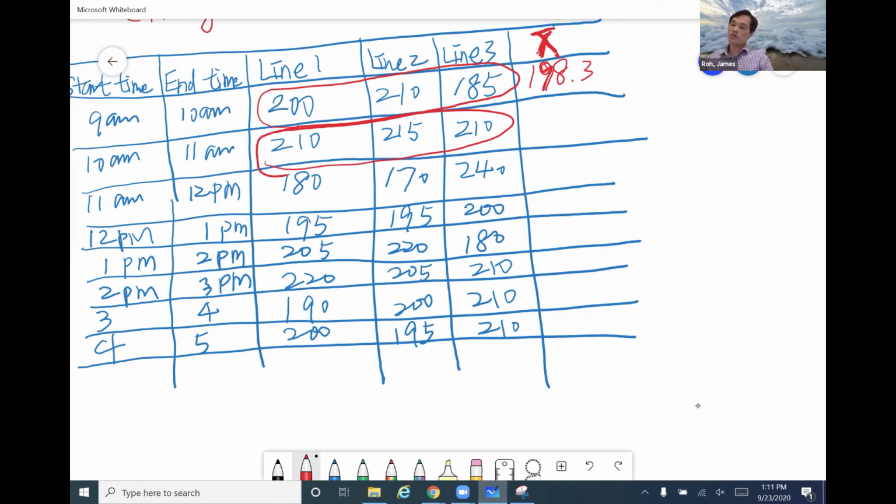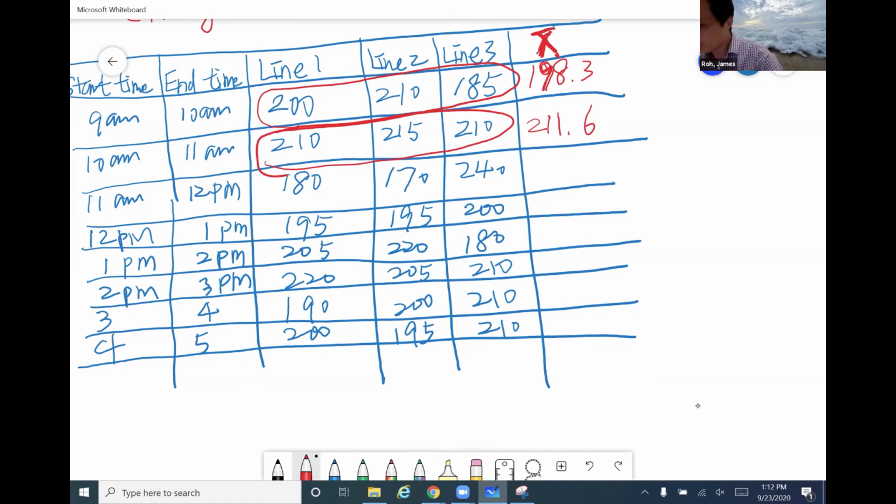It's 213.33. Is it right? Am I correct? I got 211.6. 211.6.